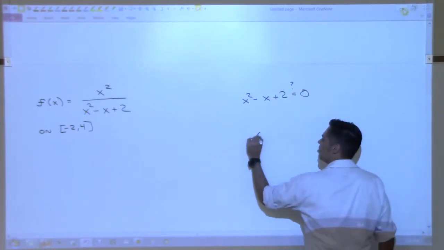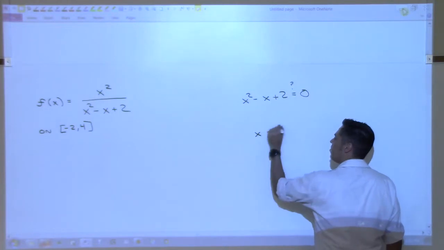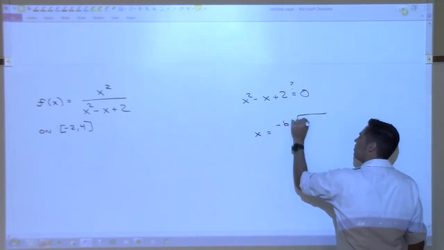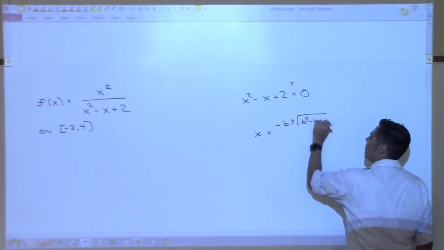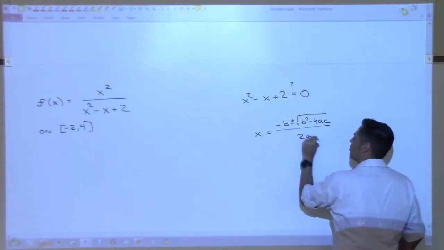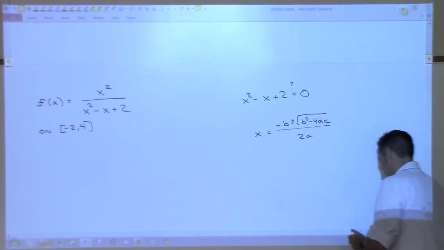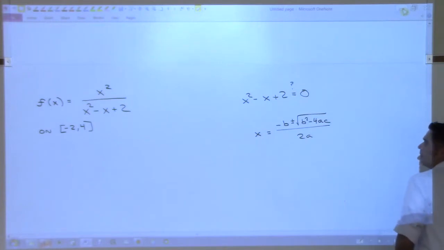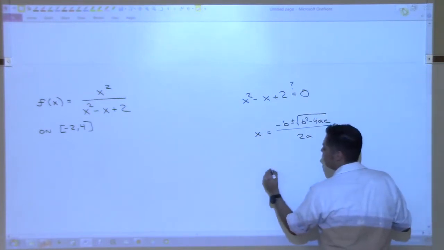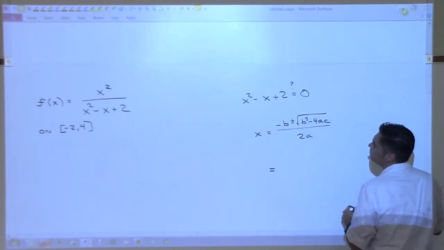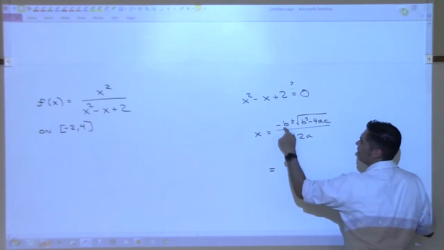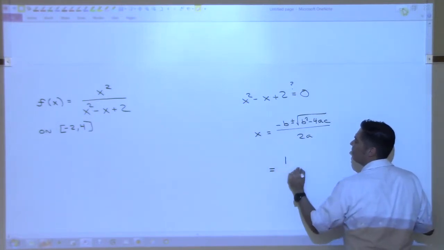Quadratic formula says that the solutions to this are x equals negative b plus or minus square root of b squared minus 4ac, all over 2a. You all have that memorized, right? Got a tattoo of it on your arm or something. Right, so you've got that. So what is that for us? Negative b would be 1, right?